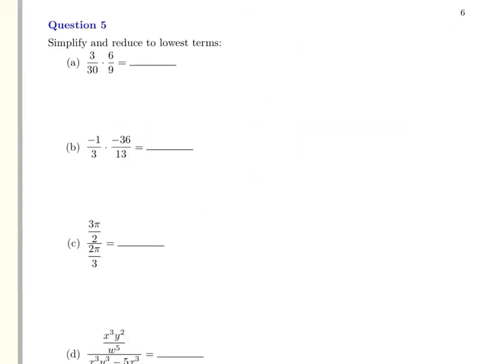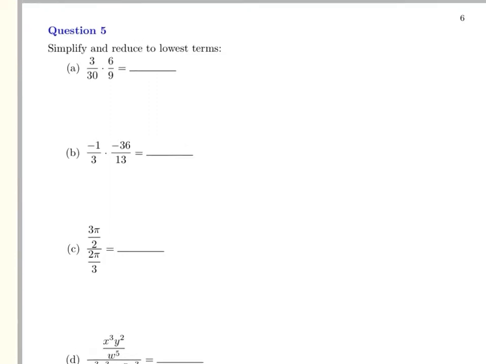This is question 5, and for part A, we can write 3 over 30 as 1 over 10. And 6/9 reduces to 2/3. And, well, we can cancel a 2.